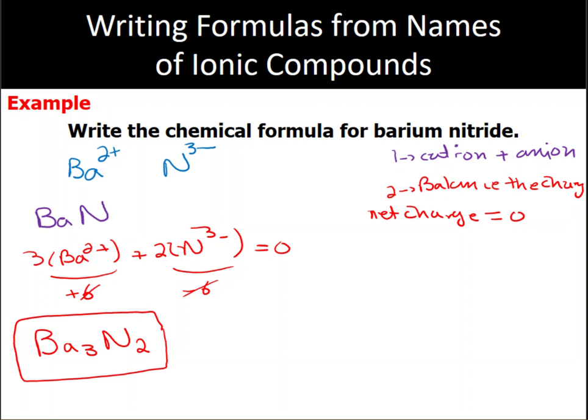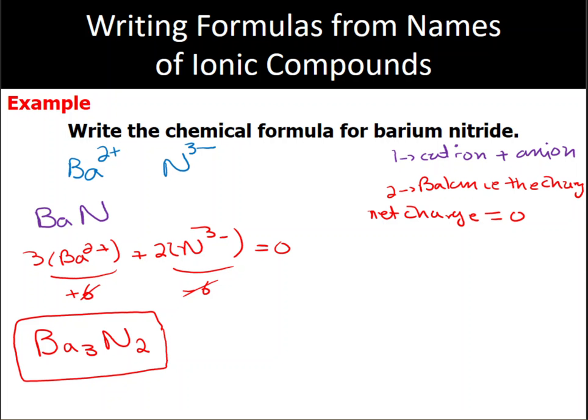So remember, the subscripts are used in order to balance the charge. Subscripts have to be whole numbers, and actually the smallest whole numbers. To find the smallest whole number when it's not easy to tell, the best thing is swapping the charges.